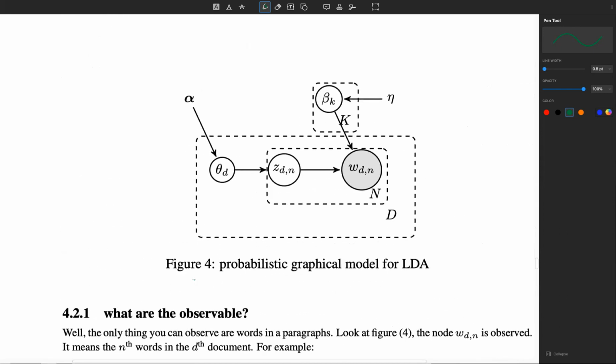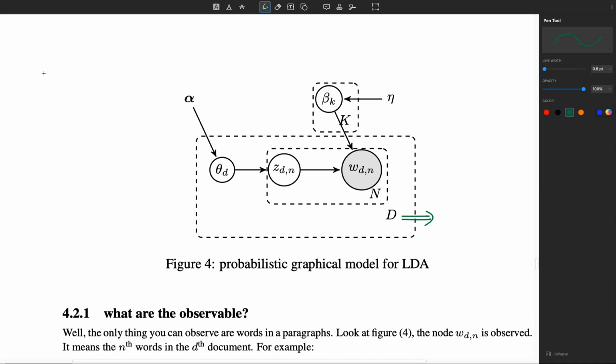Now, I'm saying that theta, so I have D documents. I have big D number of documents. And theta D is the topic distribution assigned to every single document.